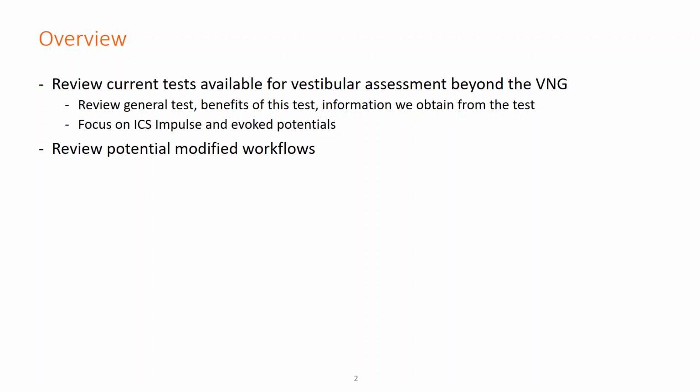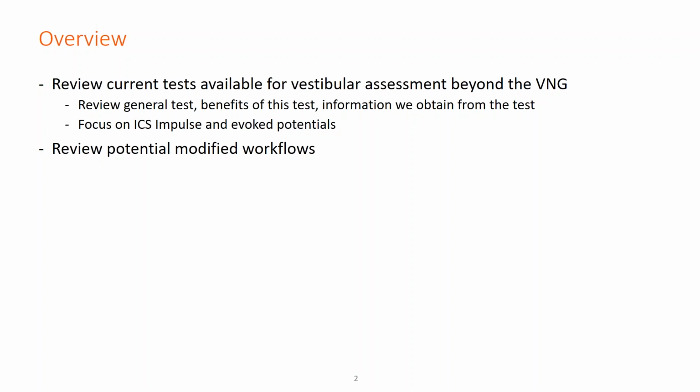So as we go through this, we're going to talk about some of the tests that are currently available for vestibular assessment. I think a lot of people are familiar with VNG, but there's often just a little bit more out there to do. So we'll talk a little bit about the generalities of the test, maybe why you should consider one test over another.